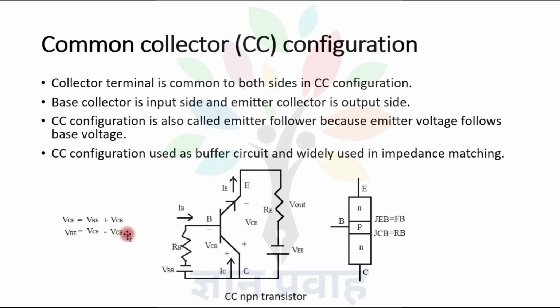And CC configuration is widely used for impedance matching and it is also called emitter follower, because here whatever we are applying at base terminal, it just appears at emitter terminal. And CC configuration is also used for buffer circuit.